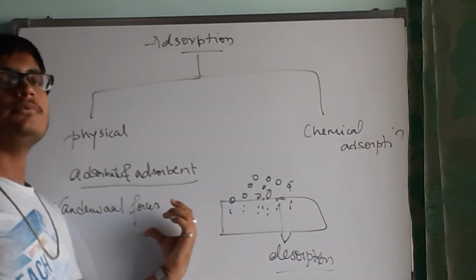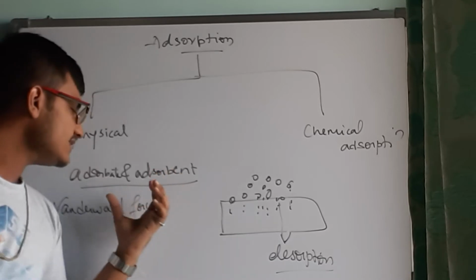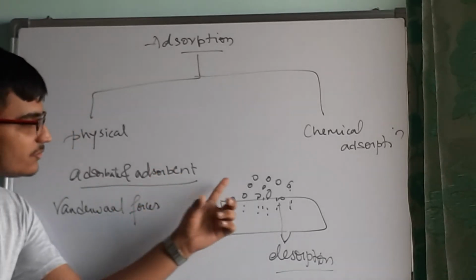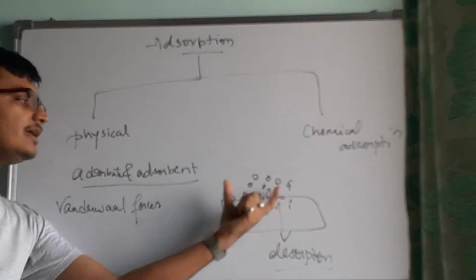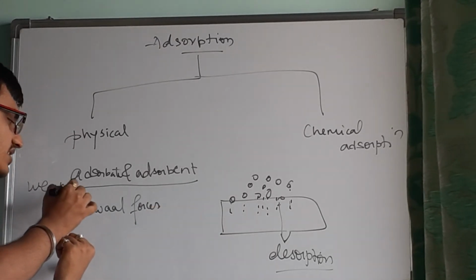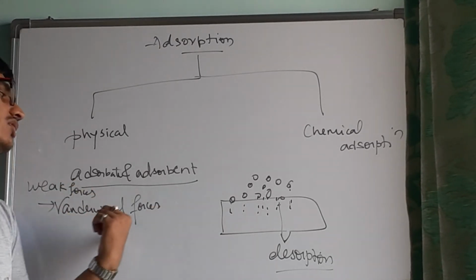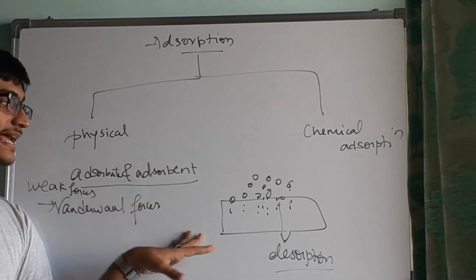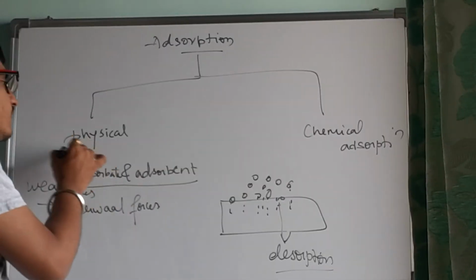So this is what is important. If the forces of attraction between the adsorbate and the adsorbent is weak, generally known as weak van der Waals forces of attraction, then it refers to physical adsorption.